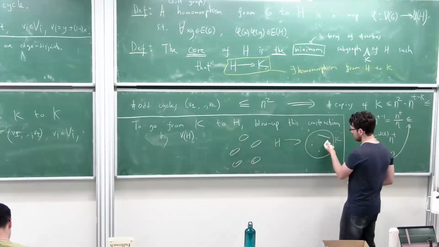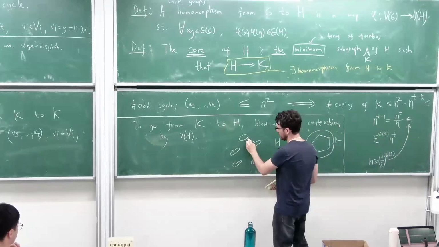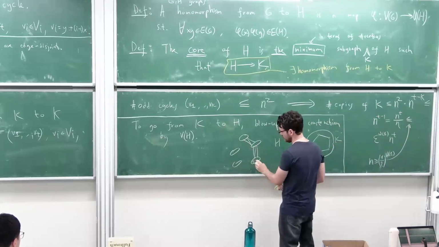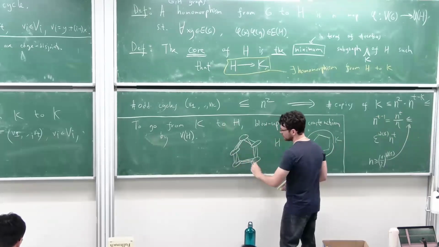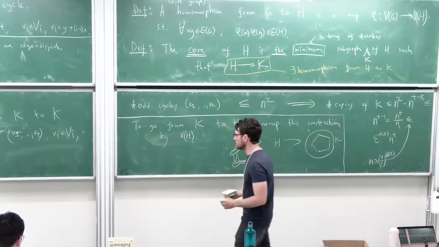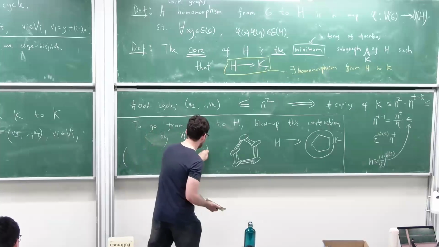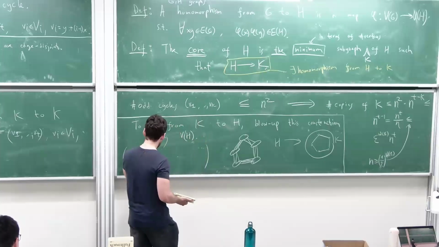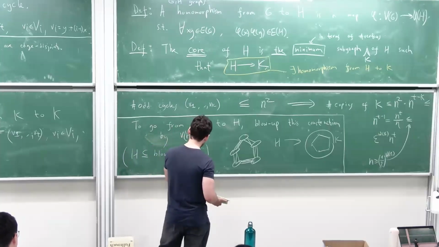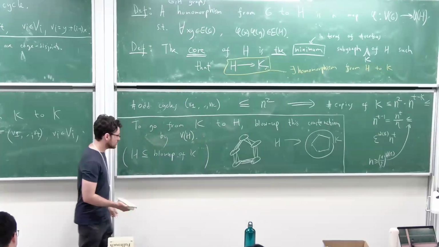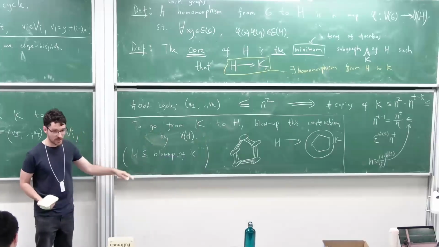So in other words, if K is 5 cycles, then H is contained in a blow-up of 5 cycles. So the point is that H is contained in a blow-up. So this is equivalent to saying that H is homomorphic.